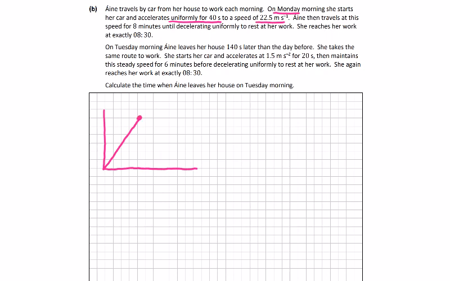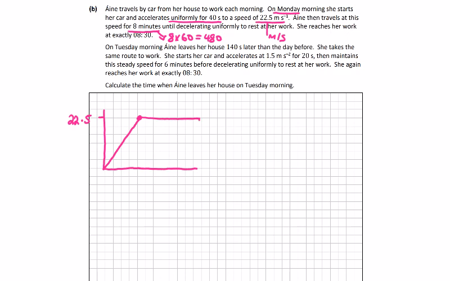So let's put that here. Anya then travels at this speed for 8 minutes. Well, we have it in meters per second, so why don't we change everything to seconds? 8 by 60, 480.